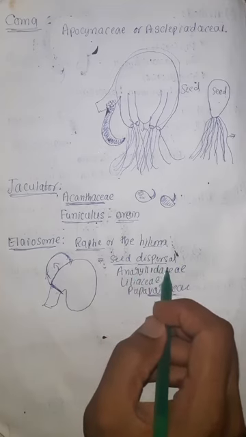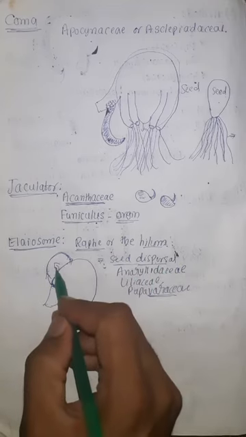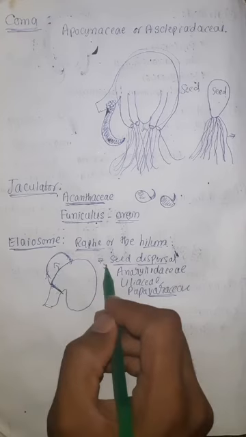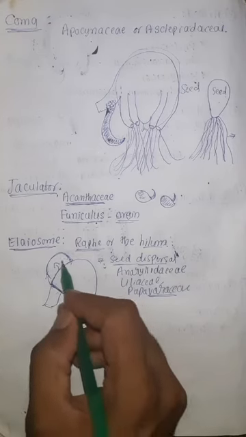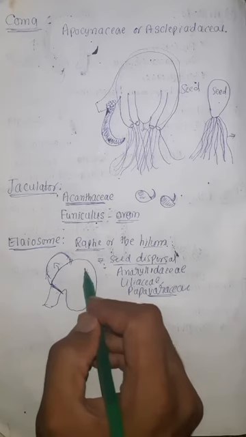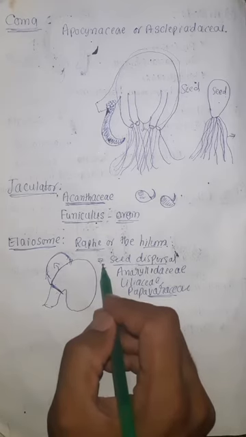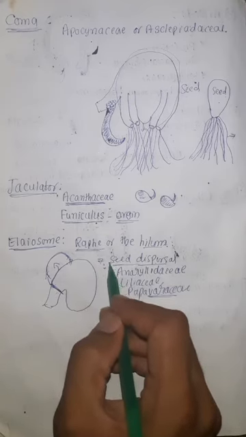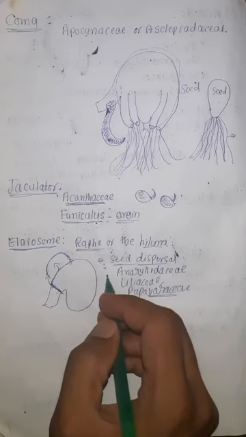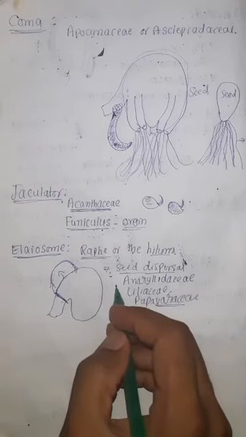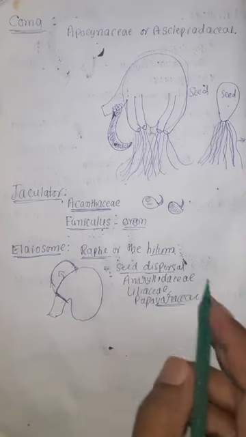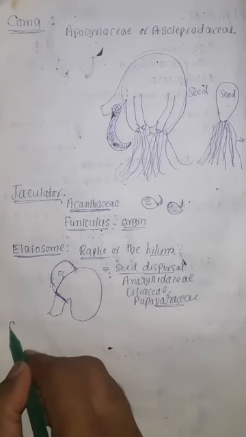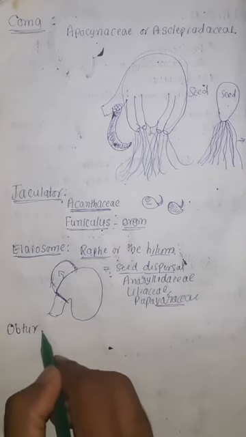It is useful for seed dispersal because it stores reserve food material, so that the ants and small insects collect it for their food, so that the seeds are transported from one place to another, so it is indirectly useful for seed dispersal. Okay, next, very important, obturator.